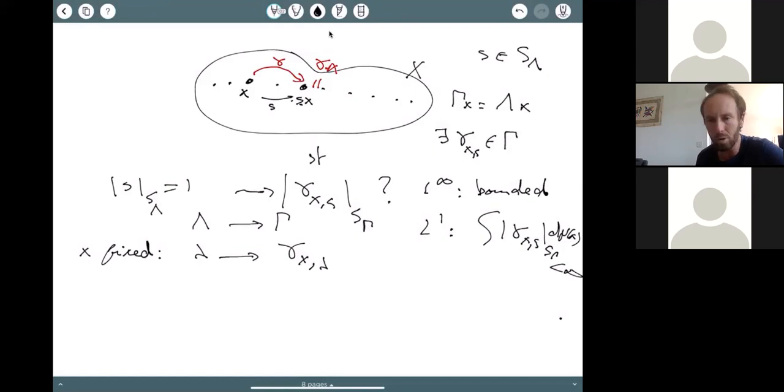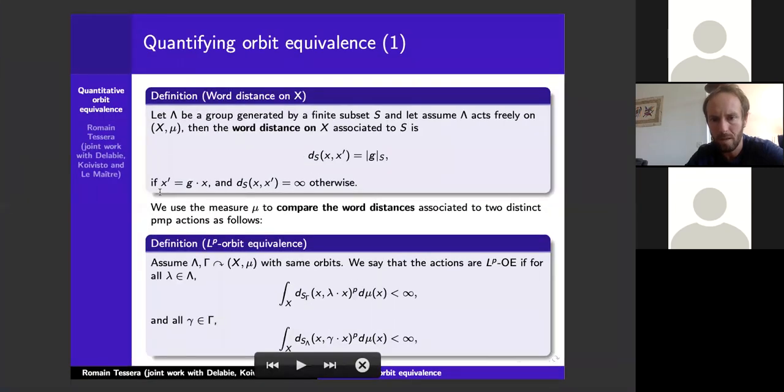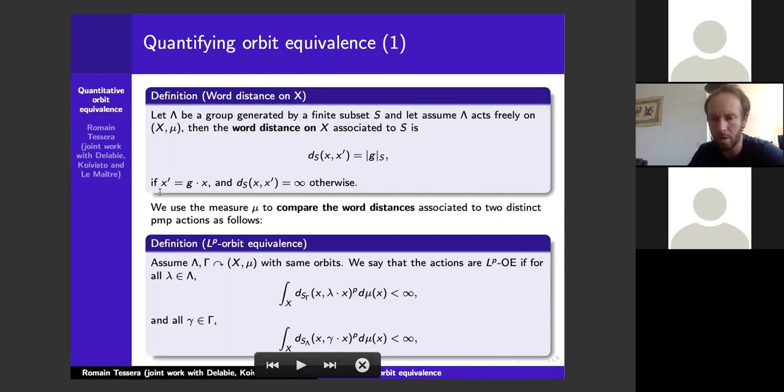And here what we are doing by considering the length is measuring how far this map is from being a bi-Lipschitz map, how much distortion this map creates in terms of metric. Does it make sense? It's quite an important notion, so I'm not against spending time on it.